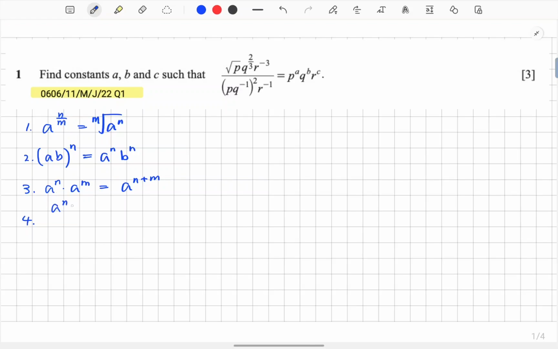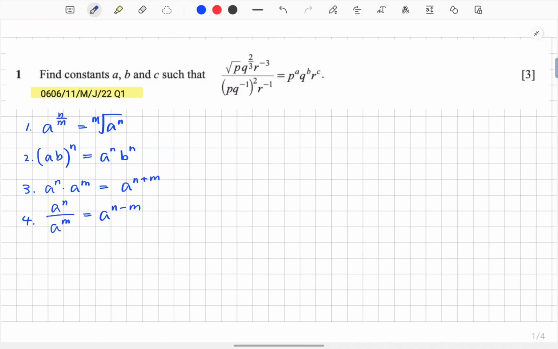When a to the n is over a to the m, this is equal to a to the n minus m. That's the opposite operation of the above one. With these 4 rules, we can start working on the questions.